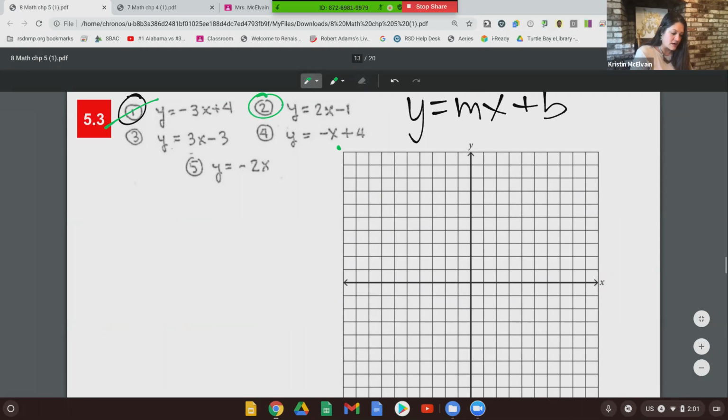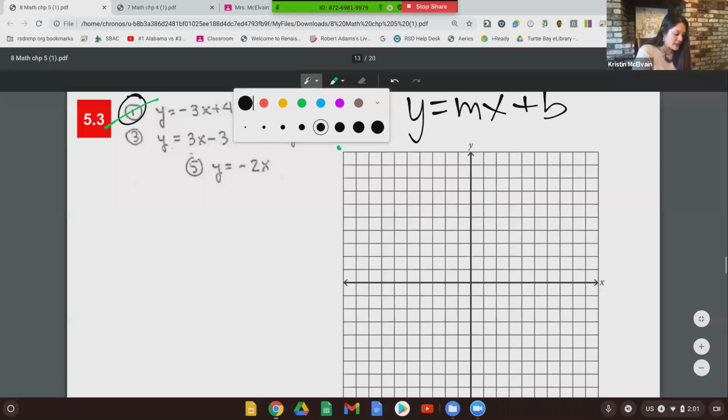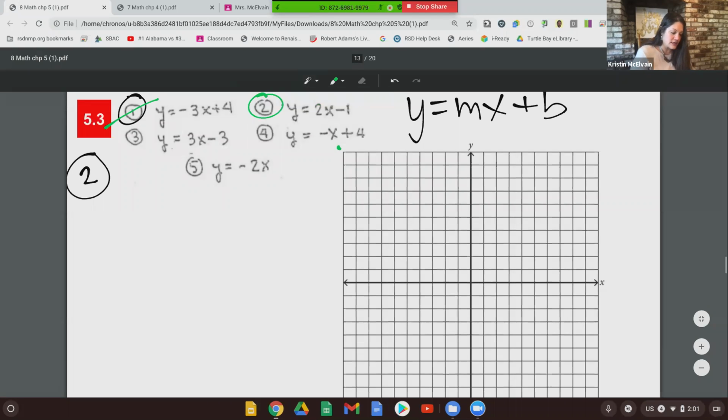So now we are on number 2. It is y equals 2x minus 1, and we're going to add the opposite. So that's plus a -1. Looking at that, we have m equals 2 and b equals -1.